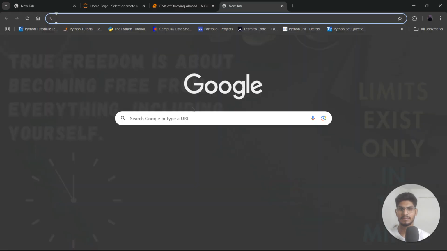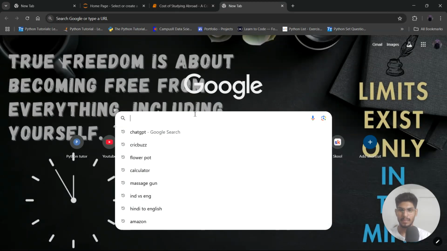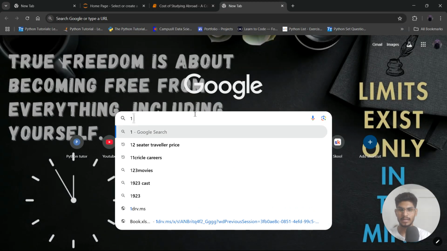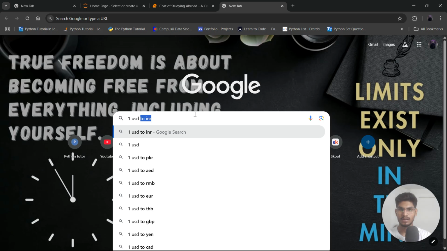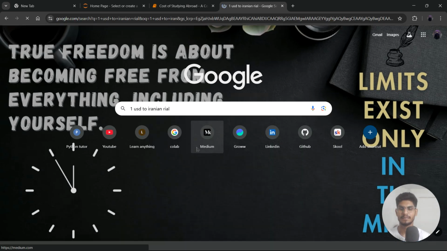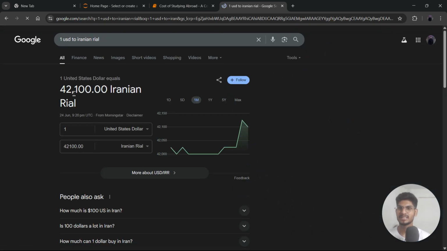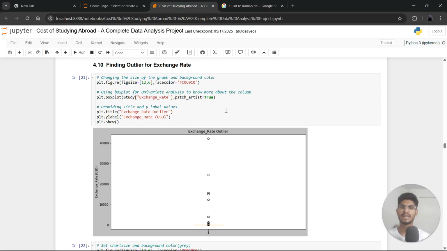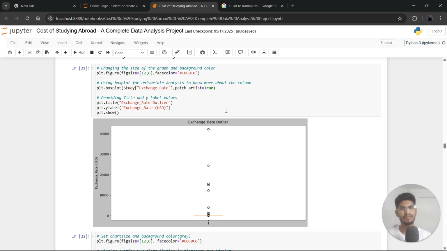So we will see, let me show you right here, that 1 USD to INR in Iran. So you can see 1 USD is equal to 42,100 Iranian rial. These are not outliers. We have to accept them.